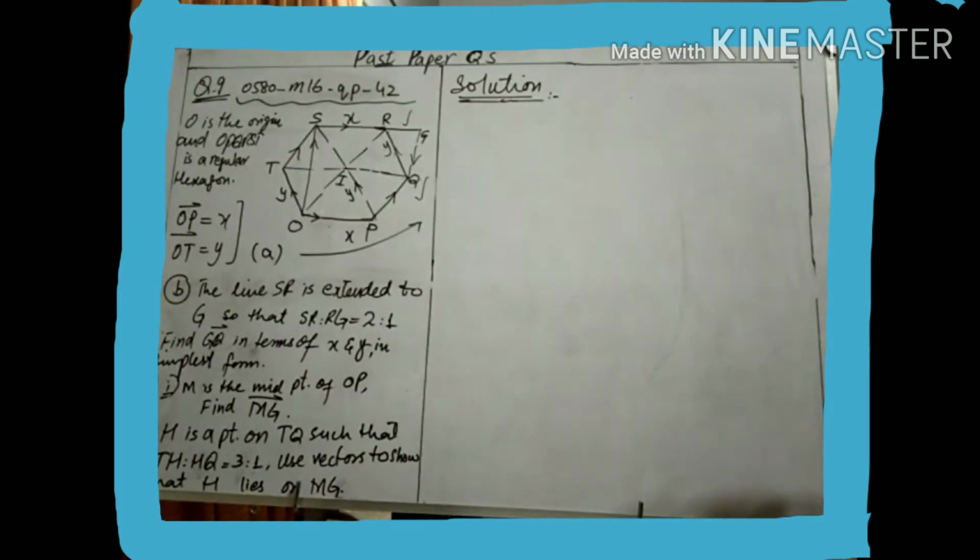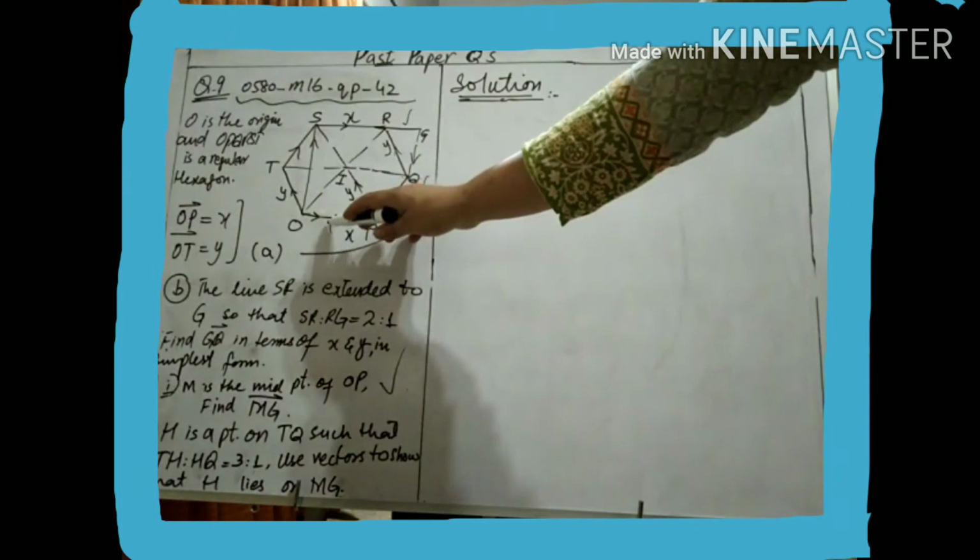Now C part. In C part, first we have M is the midpoint of OP. It means M will be here. Find out MG.